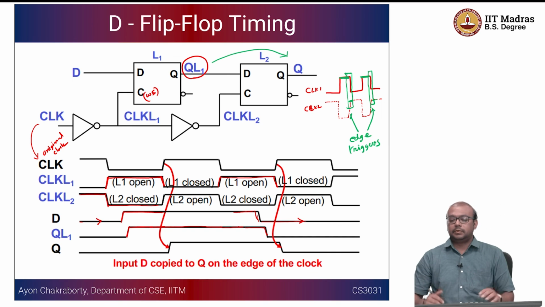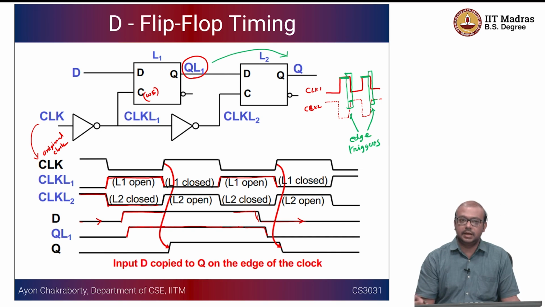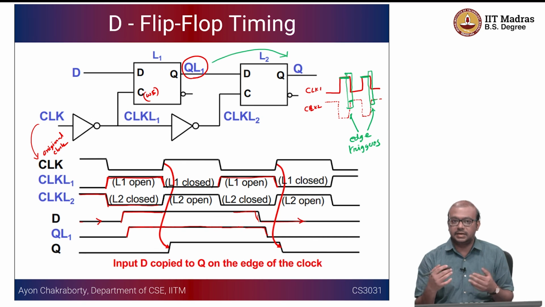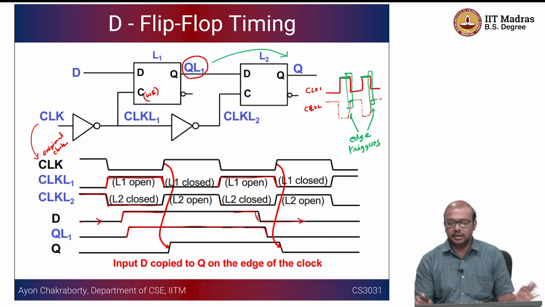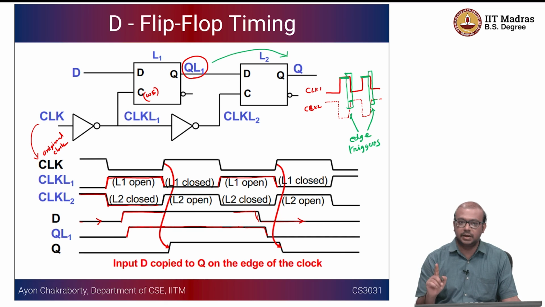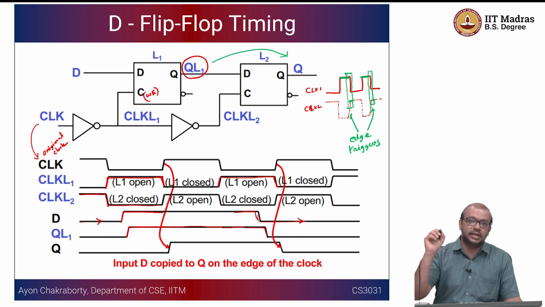Clock 1 going high is done through a NOT function, so although they are not instantaneous, there will be some delay involved. There is a very small period of time when clock 1 goes from 1 to 0 and clock 2 goes from 0 to 1, and that is the time when you have an edge.